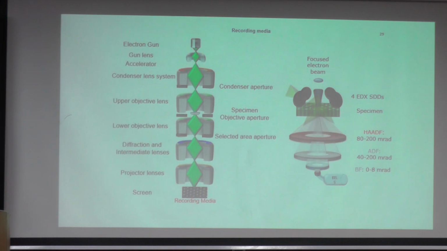Also, to collect some signal to get chemical information from your specimen, you need EDX detectors, which are located above the specimen, and there are also other detectors for chemical analysis. This is like the electron energy loss spectroscopy detector, which is situated underneath the specimen and the whole lenses.